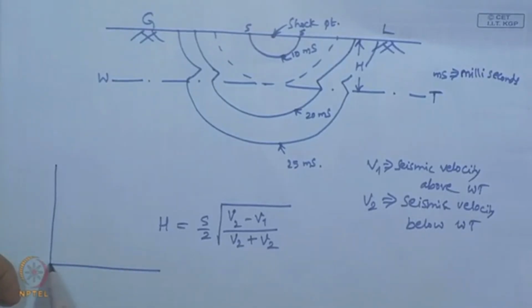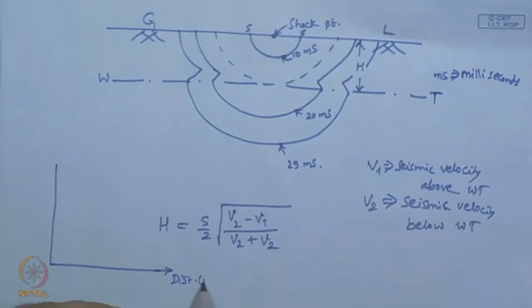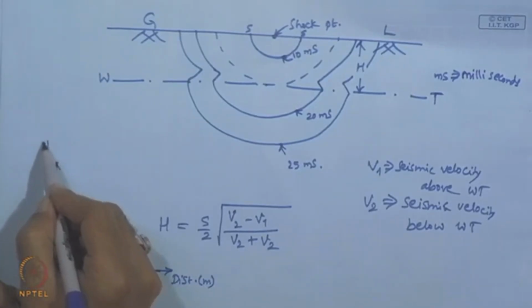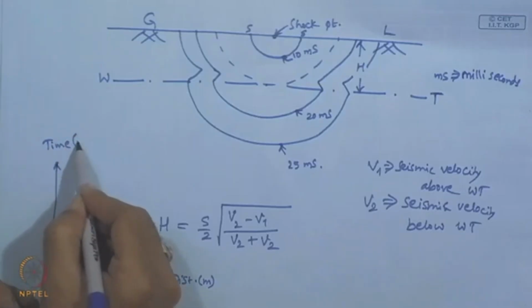And here, in this case, if we plot the distance-time graph, this is the distance in meters and this is the travel time in milliseconds.